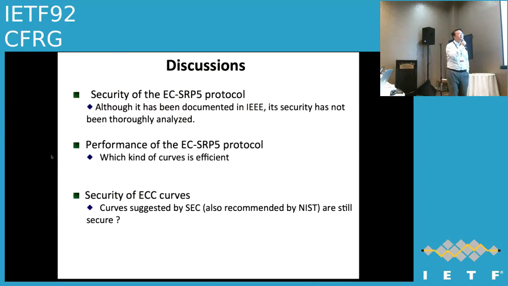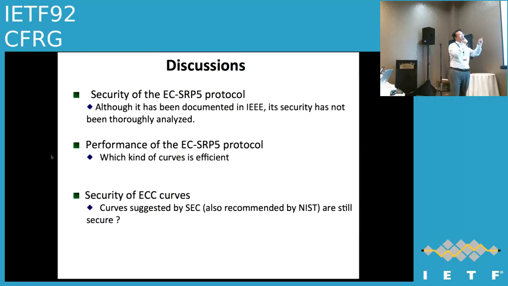Kenny Paterson: Is it true that you could take your specific protocol based on SRP5 and replace it with any PAKE and still solve the problem? Yeah, we use this protocol to adapt to the SIP application authentication procedures.